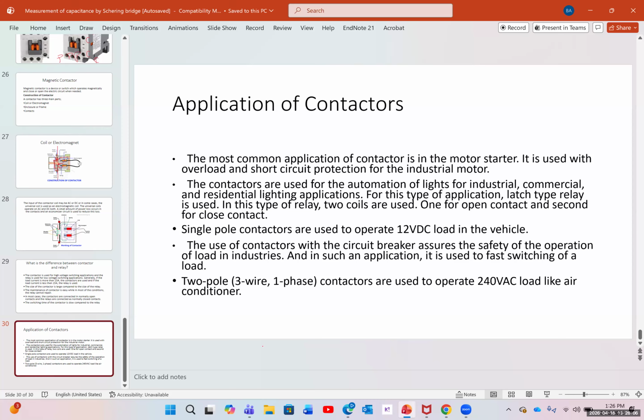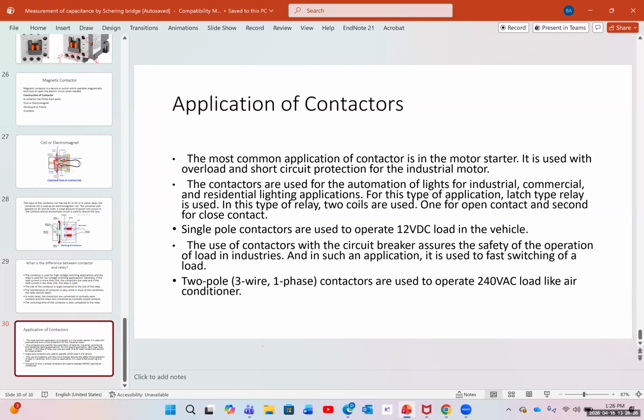Single pole contactors are used to operate a 12-volt DC load in a vehicle. The reason we use contactors is because it's 12 volt, but very high current, sometimes 50, 60 amps. The use of contactors with a circuit breaker assures the safety of the operation of the load in industries.